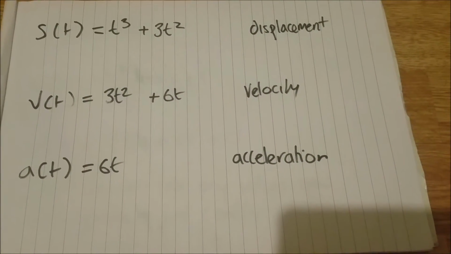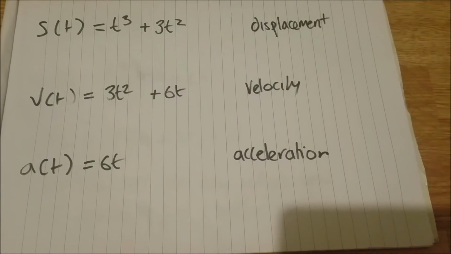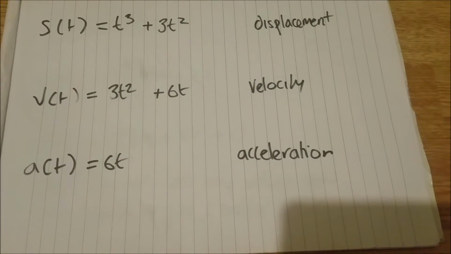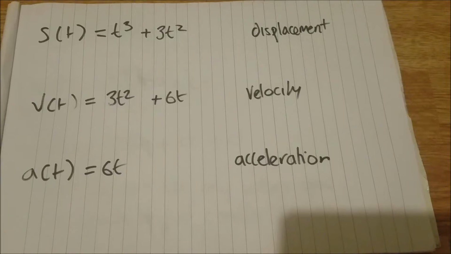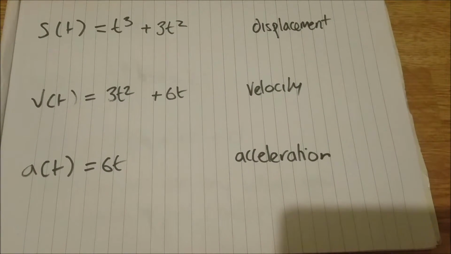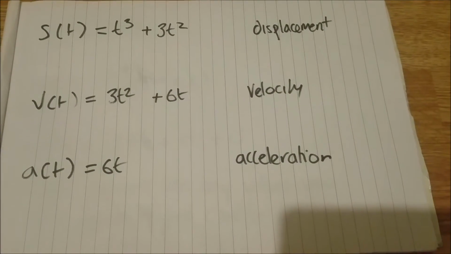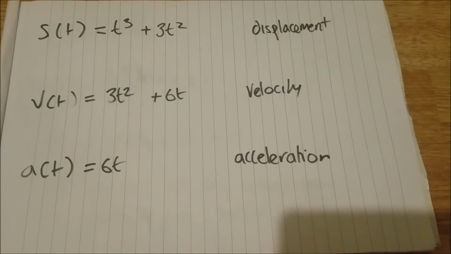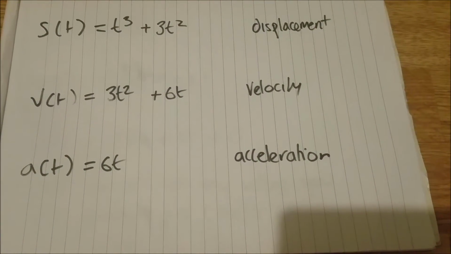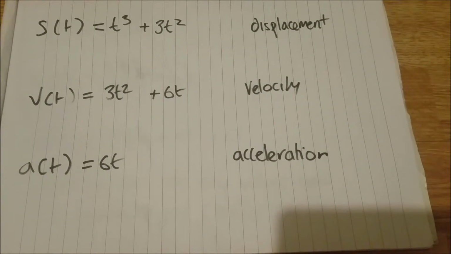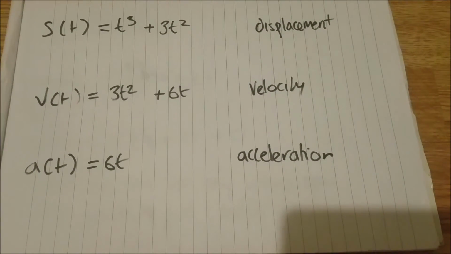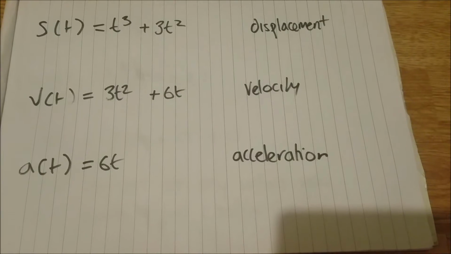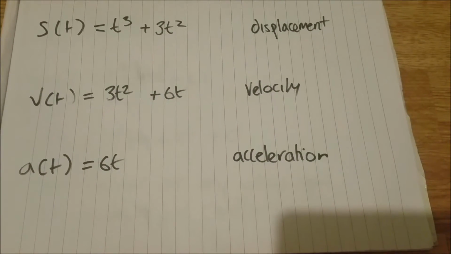So every step you're differentiating one step down. This is not as counterintuitive as it may seem, because let's take velocity and acceleration. Acceleration is the rate of change of velocity, isn't it? It's how much your velocity is changing. And what method gives you rate of change? Nothing but differentiation. So really, it makes absolute sense that if you differentiate the velocity, you'd get the acceleration.